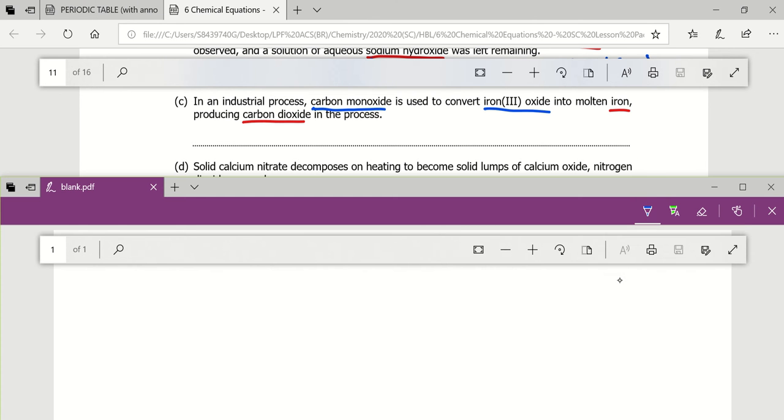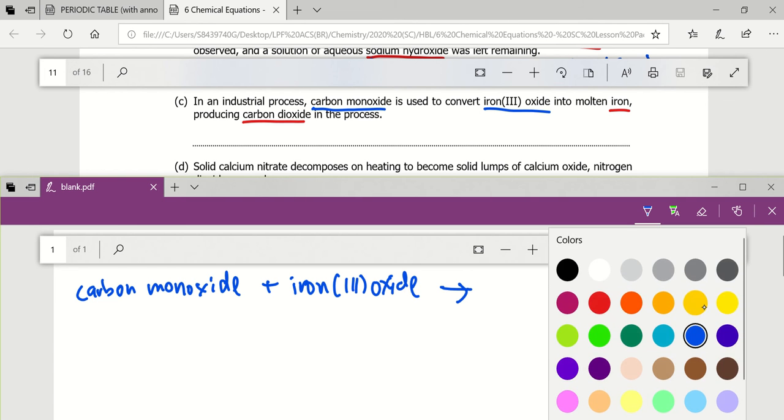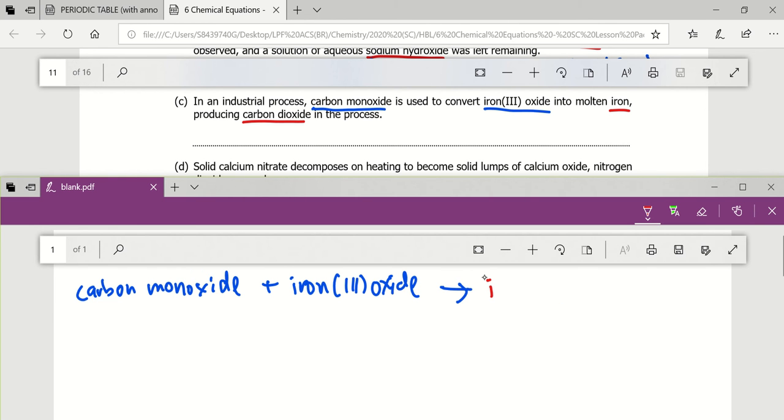Carbon monoxide plus iron 3 oxide, we get iron plus carbon dioxide.